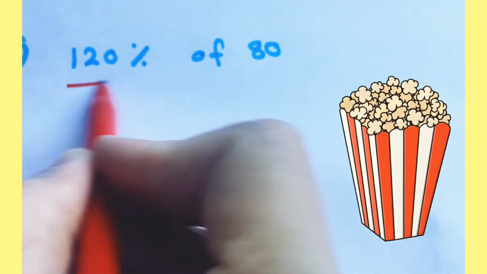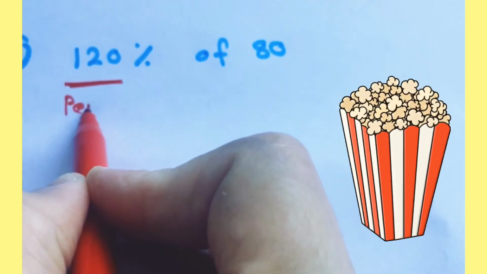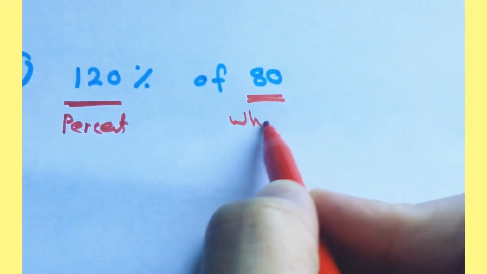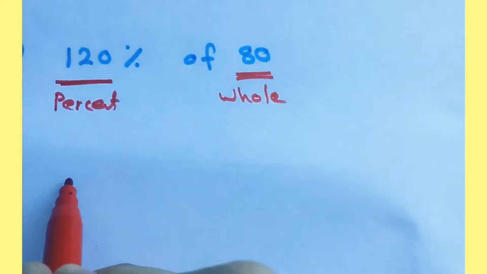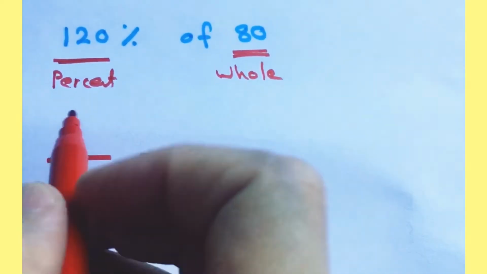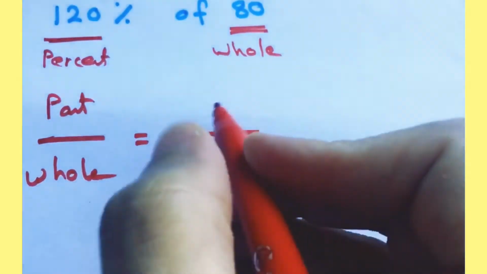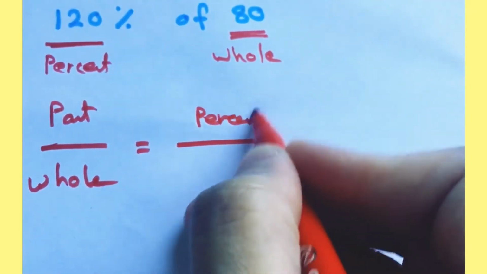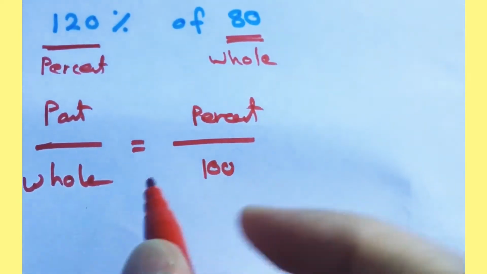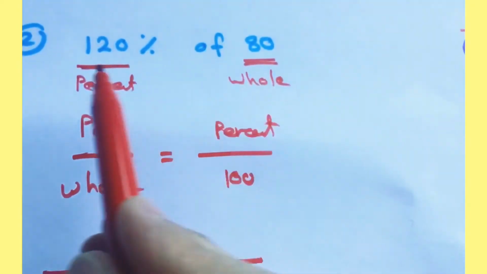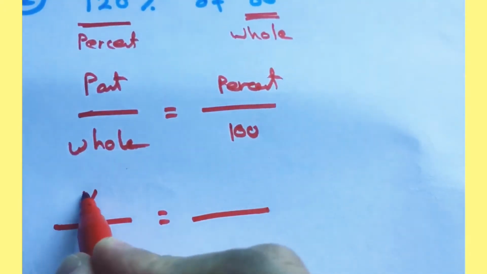Okay, question 2, 120% of 80. Same thing here, it's the percent, and any number after "of" will be a whole number. So let's write the rule. Part over a whole equals percent over 100. Do we have the part here? No, we don't have the part, so I'm going to put x.